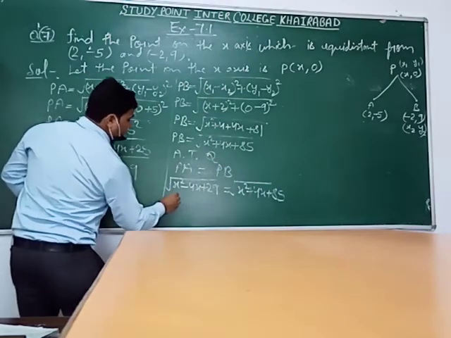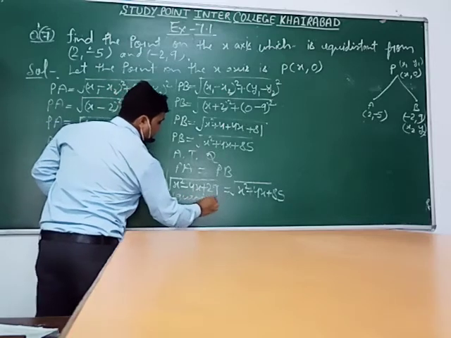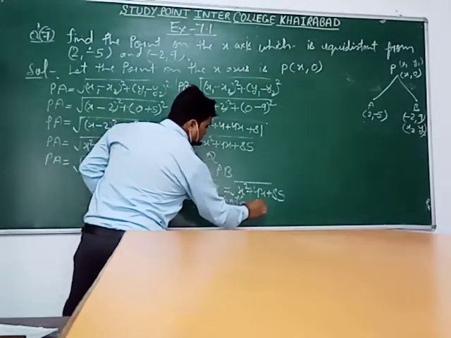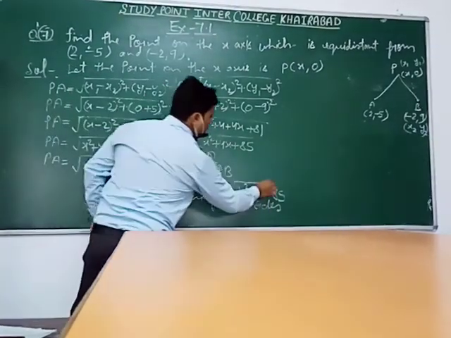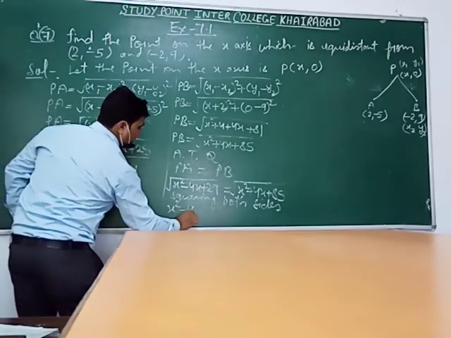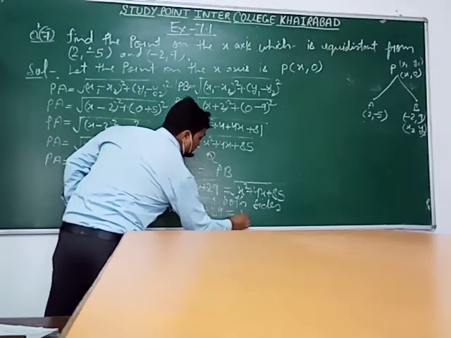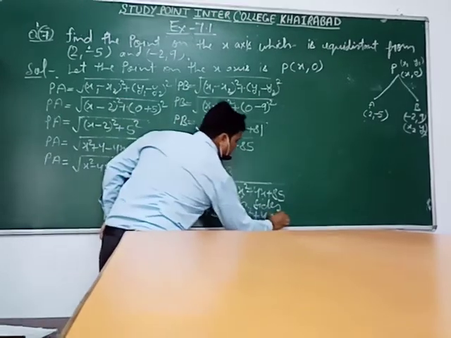Squaring both sides, the square roots will be cancelled out. So it will remain x square minus 4x plus 29 equals x square plus 4x plus 85.